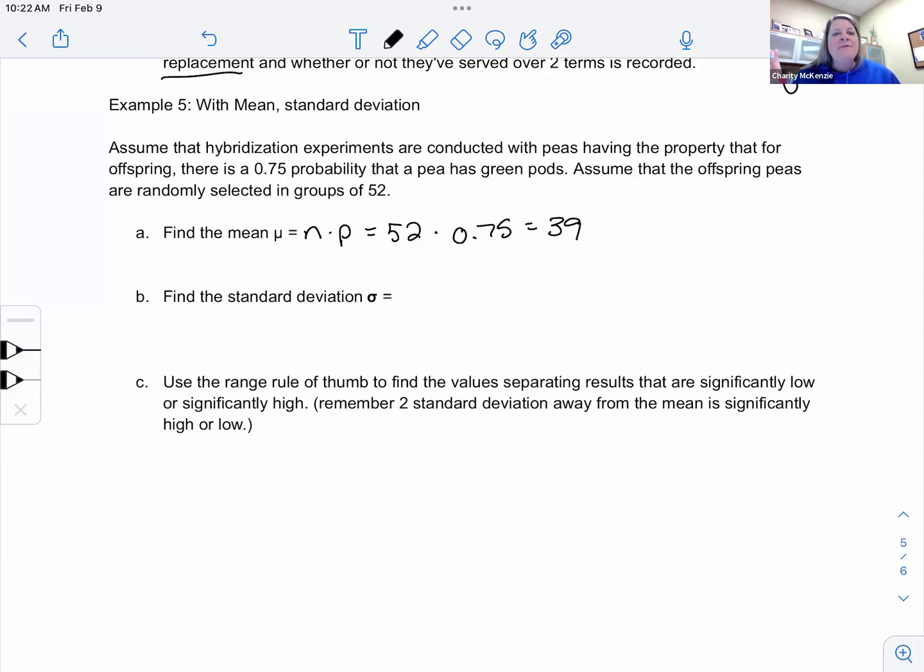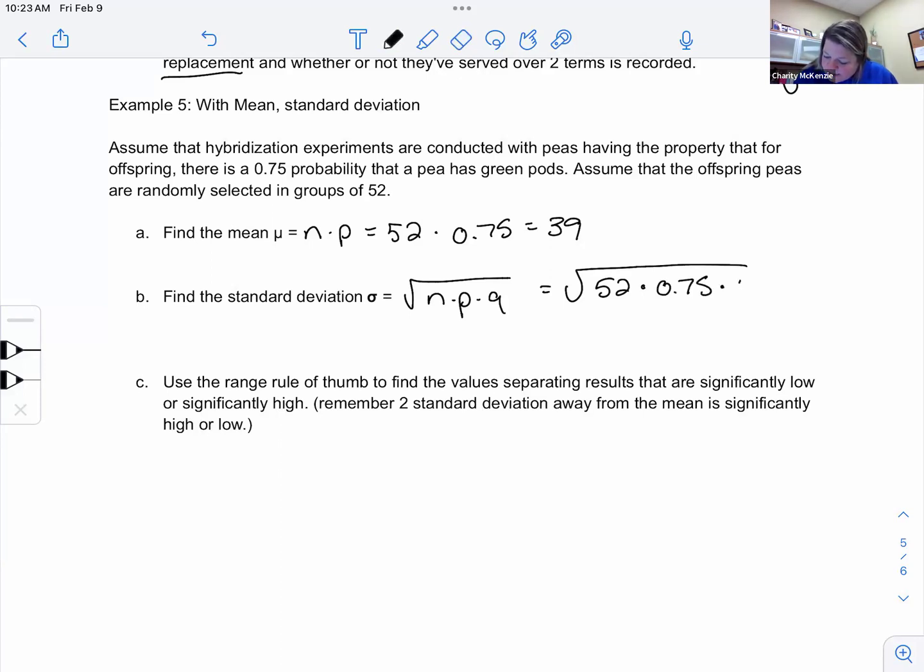Okay. Find the standard deviation. Well, the formula was the square root of n times p times q. So our n, again, is 52. We had 52 trials. We know our p is 0.75. And then q would be, oh, I wrote that wrong, 1 minus 0.75.